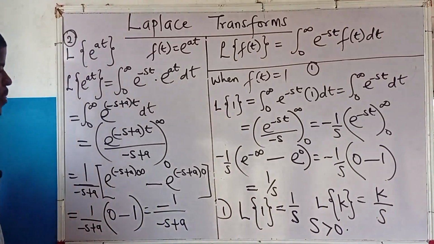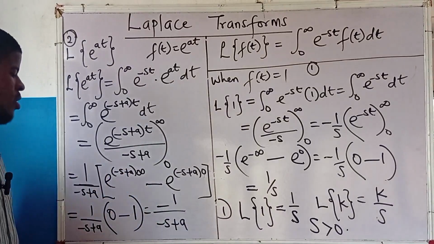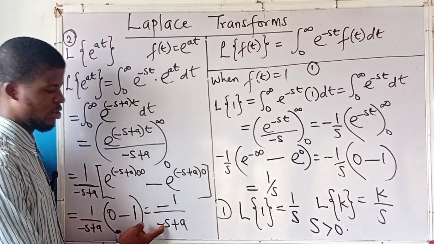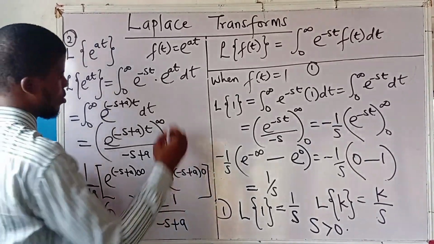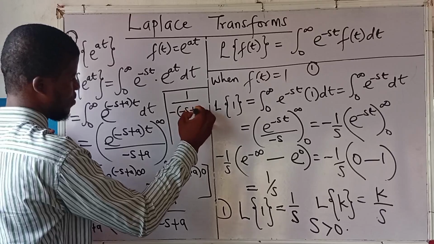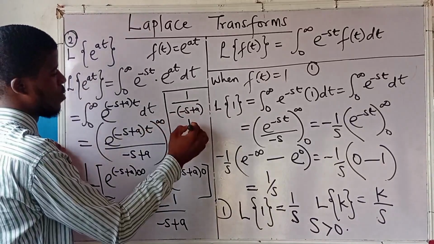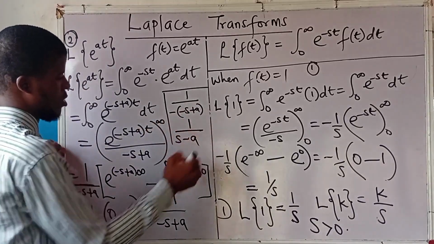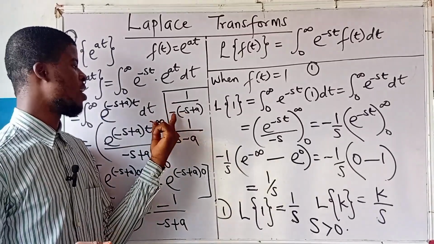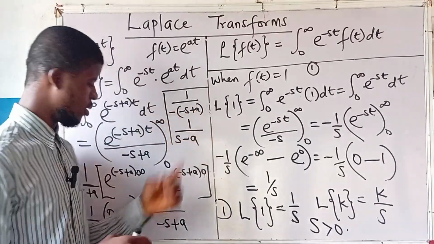This is correct, but I want to break it down into something simpler. This negative sign can come down like this: 1 over minus into minus s plus a. If this minus outside opens the bracket, we'll have 1 over s minus a. You know that the s is negative before, so times a negative value becomes positive, then plus a times minus 1 is minus a.